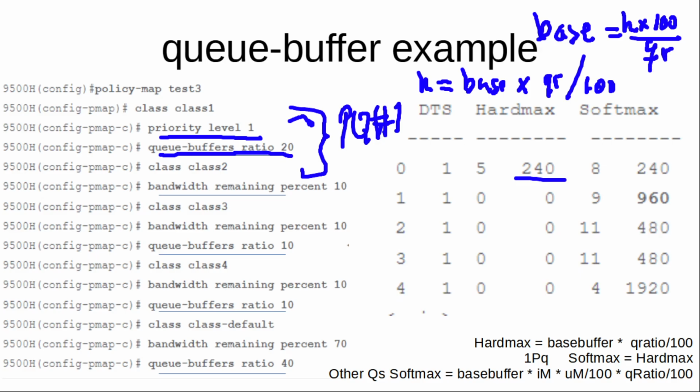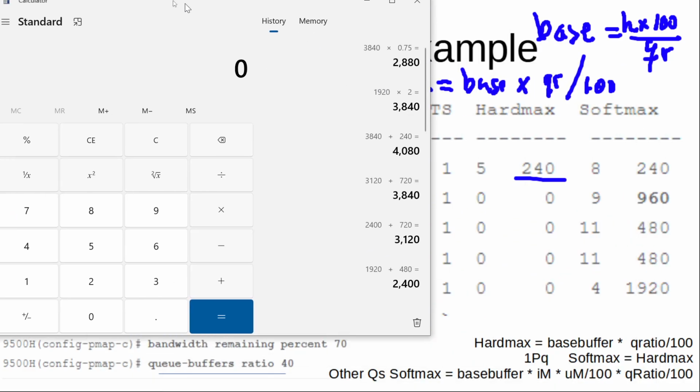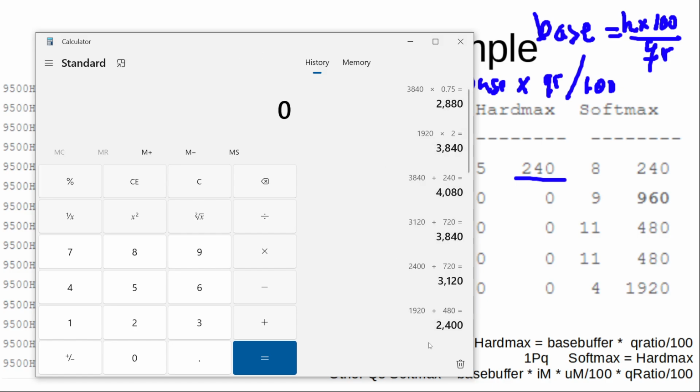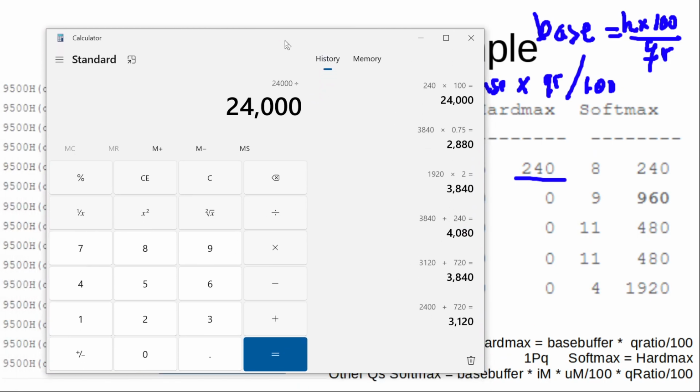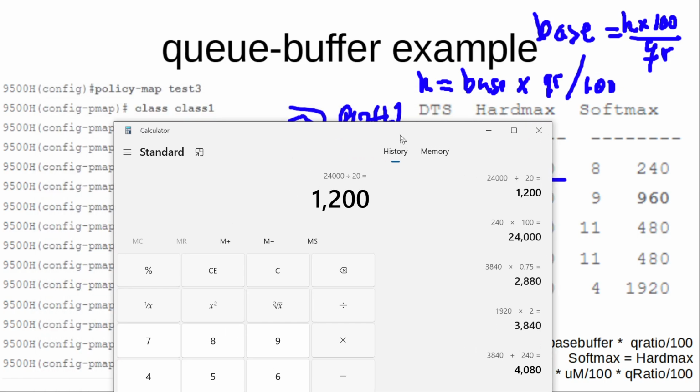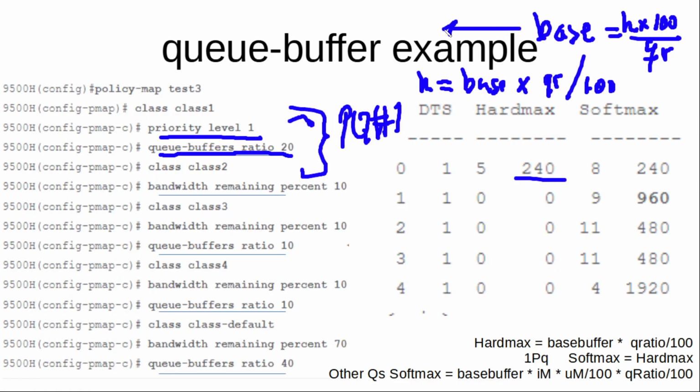So let's calculate that. I have been doing some maths previously. If the HARDMAX is 240, we multiply that by 100 and divide that by the Q ratio, which is 20. So we now know that the base buffer is 1200.